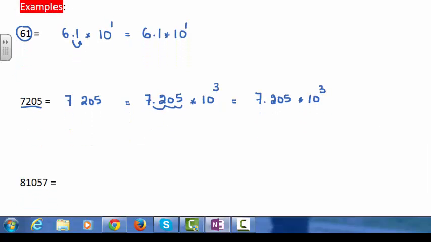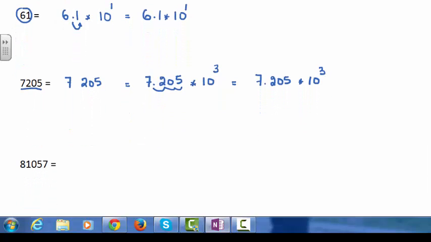Next, I have this number. Again, the best thing is to transfer this number to a way that I can read it. So we said group of 3. That means 81, leave space, 057. How to read this one? It's 81,057. Excellent. Now I need to transfer this number to a number in the range of 1 to 10.